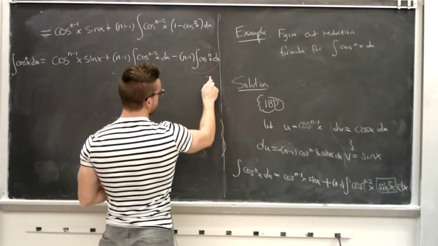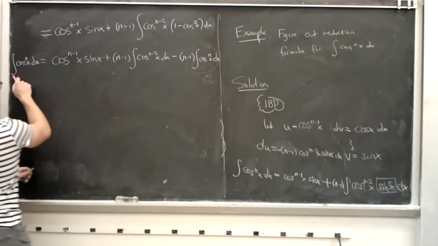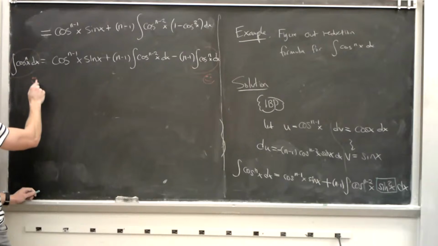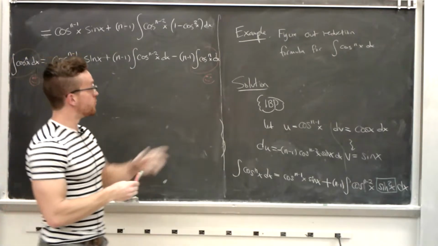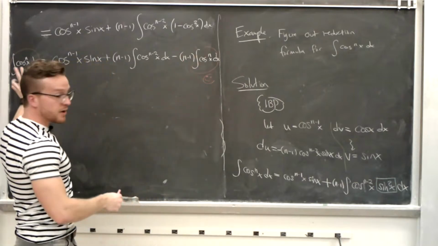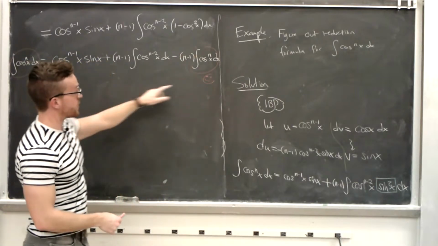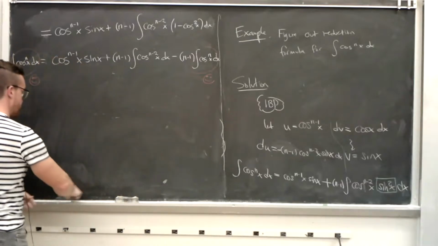Here's smiley face. Here's smiley face. Do the exact same thing that we did earlier tonight. Move this term over here, and then algebraically solve for the smiley face thing.